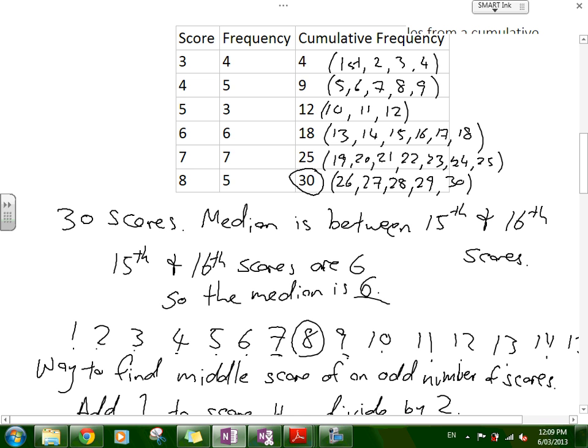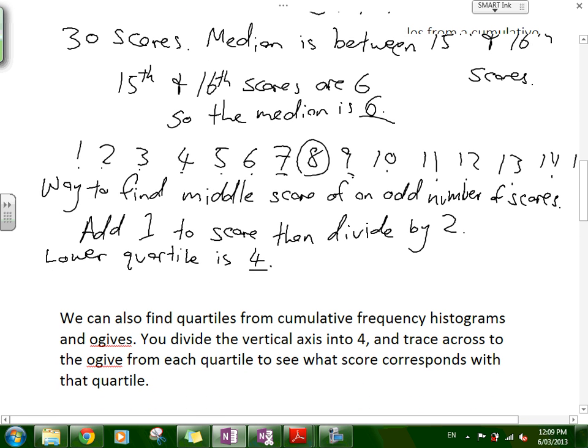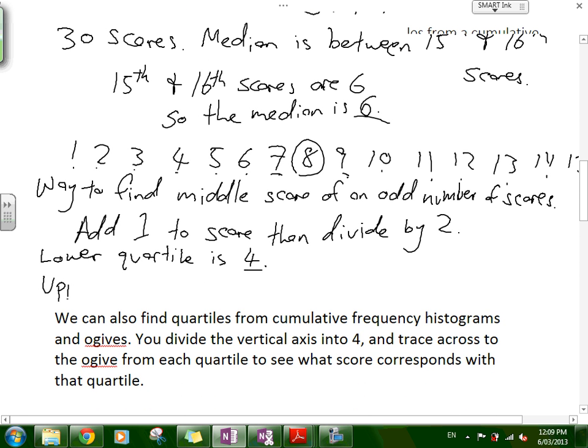From 16 up to 30: 1, 2, 3, 4, 5, 6, 7, 8. The 23rd score is Q3, which corresponds to which score? 7. So 7 is our upper quartile. You find that by breaking it into two halves and finding the median of each half.